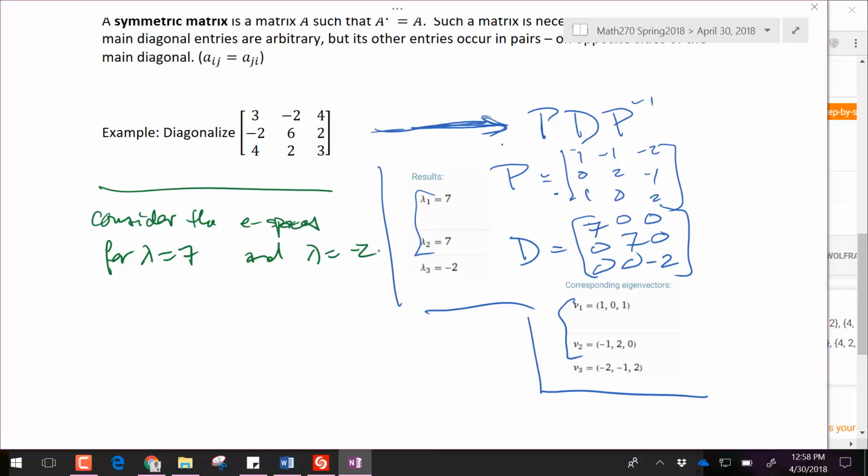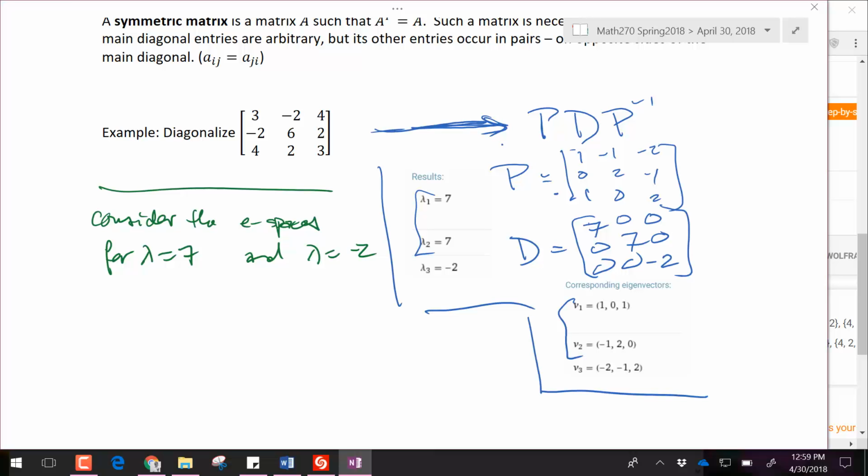If you take a look at the eigenvector for lambda equal to negative 2 and compare that with the eigenspace you got for lambda equal to 7, that's V1 and V2, it turns out that they're actually orthogonal. And that's the interesting thing: this is not a coincidence that this happens for symmetric matrices.